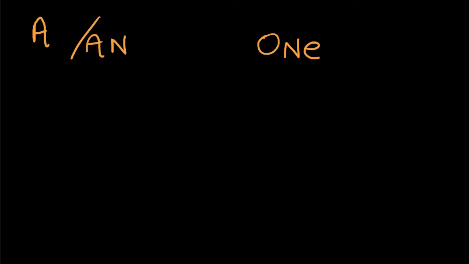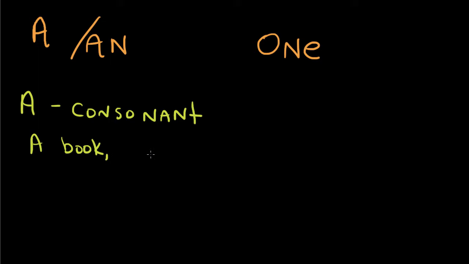Before nouns, we use a if a word begins with a consonant. For example, a book, a bag, and we use an if a word begins with a vowel.